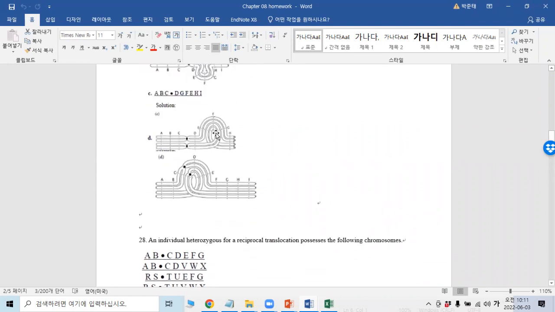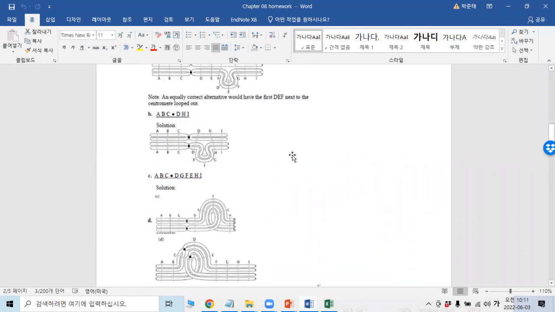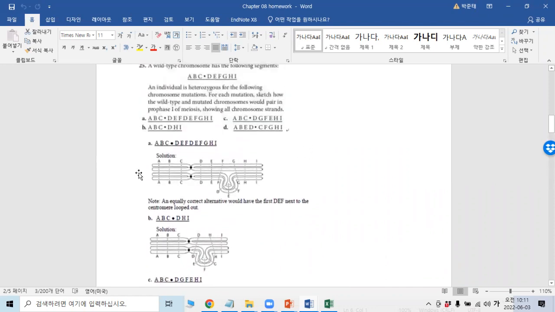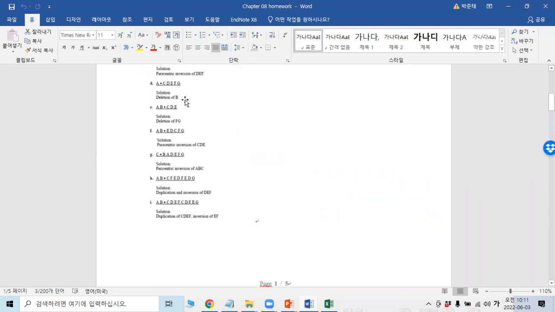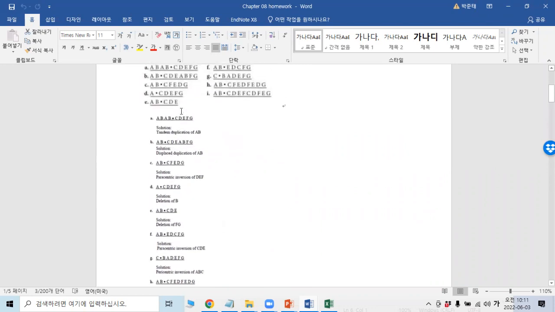When paracentric inversion happens, it is like this. You have to know deletion and duplication and what happens when each occurs. Do you have any other questions in chapter 8?